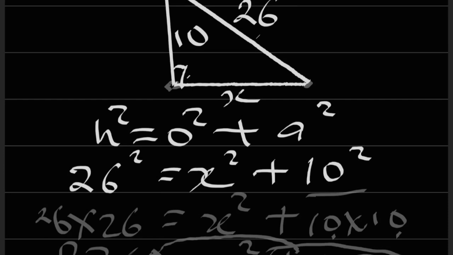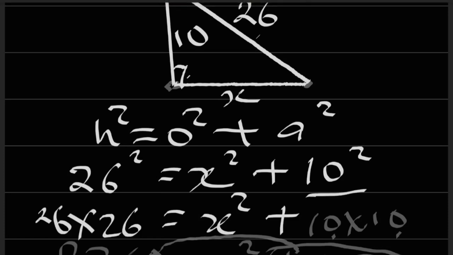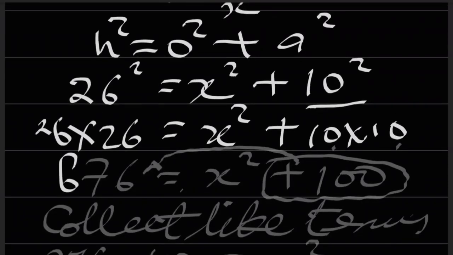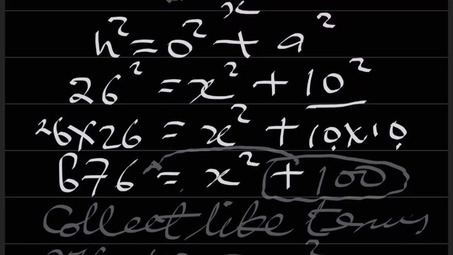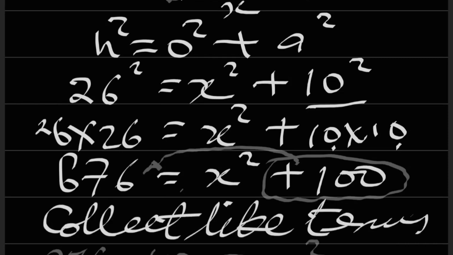26 squared, that is 26 times 26, equals x squared plus 10 squared, that is 10 times 10. 26 times 26 is 676 equals x squared plus 10 times 10 is 100. At this point we will collect like terms.